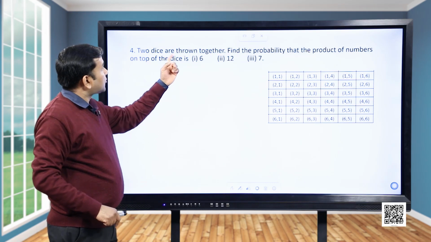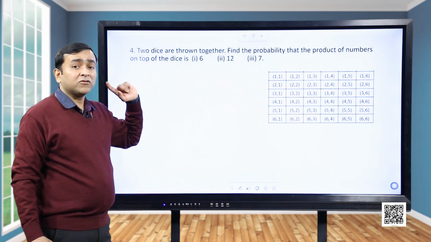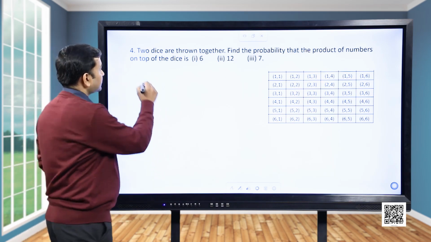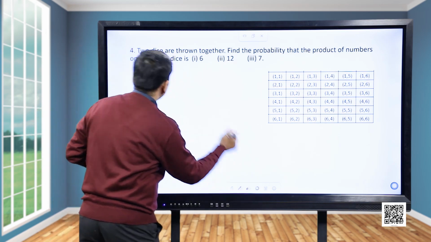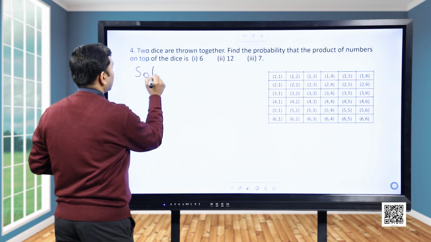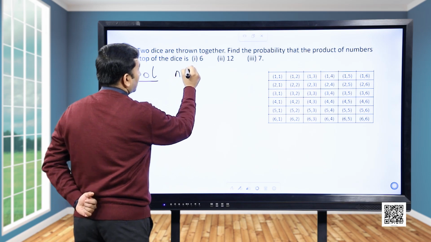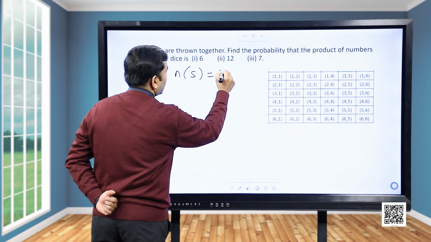So again two dice are thrown, so we have the sample space like this, in which all the possible outcomes are 36. Let us solve the first part. All the possible outcomes we denoted by S, and which is equal to 36.